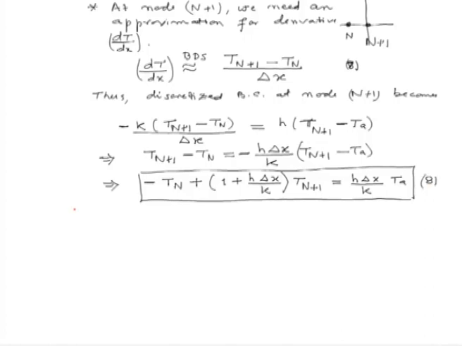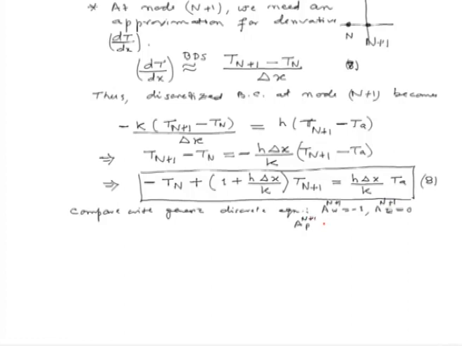So, if we compare with generic discrete equation, we get AW is equal to minus 1, AE is equal to 0, AP, let us put this n plus 1 as superscript.